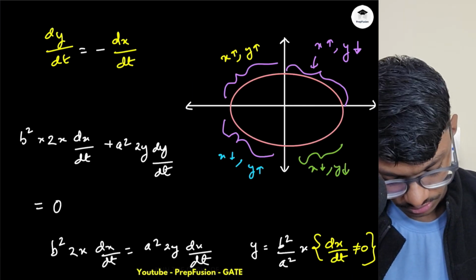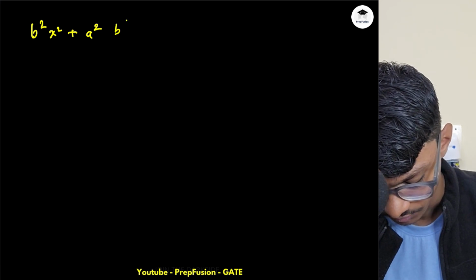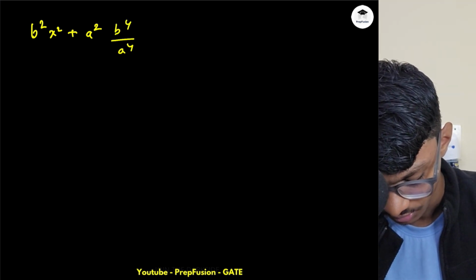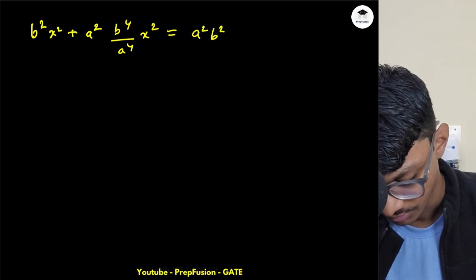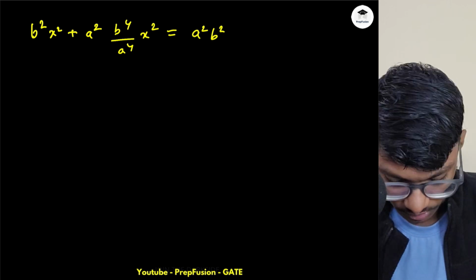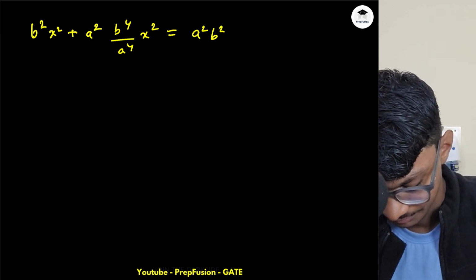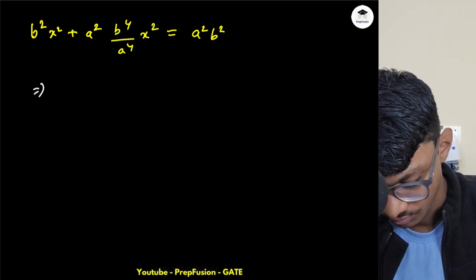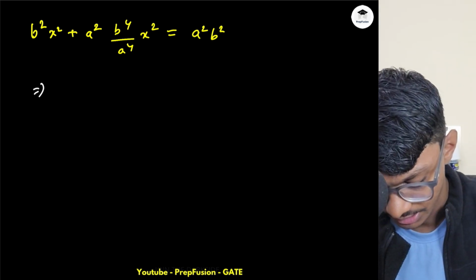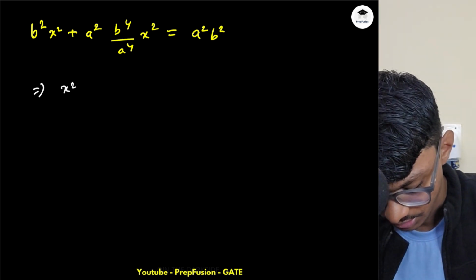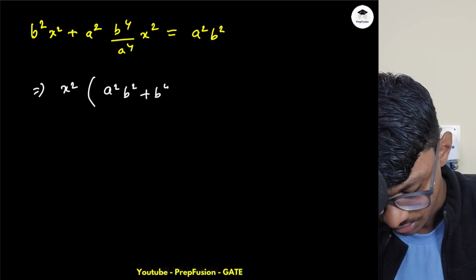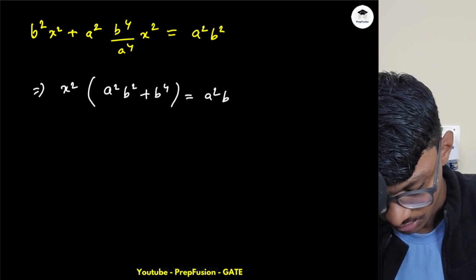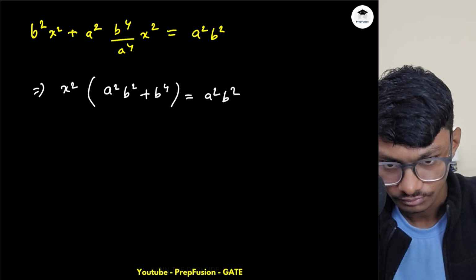Y square will be b raised to the power 4 upon a raised to the power 4 into x square, equals to a square b square. So now I can take x square as common. So this will be a square in the bottom, so this will be a square b square plus b raised to power 4 equals to a square b square, right?